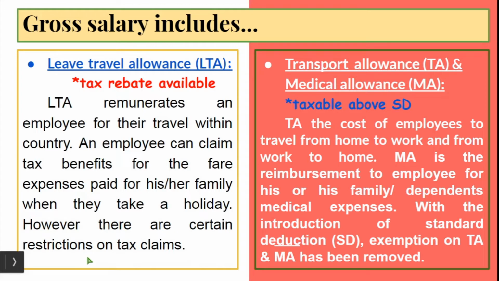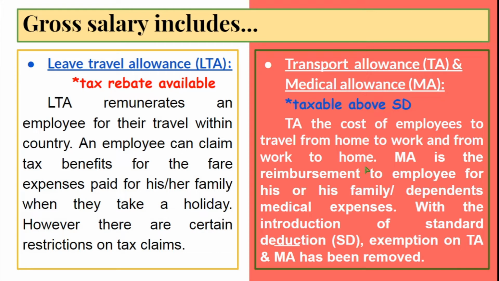All right. Travel or convenience allowance and medical allowance. Travelling allowance is paid by the employer as a part of your salary over and above your basic salary to help you meet the expenses for your commute to work and back. So these are the travel expenses that the company pays to you.